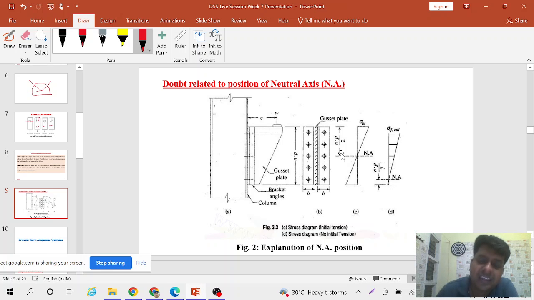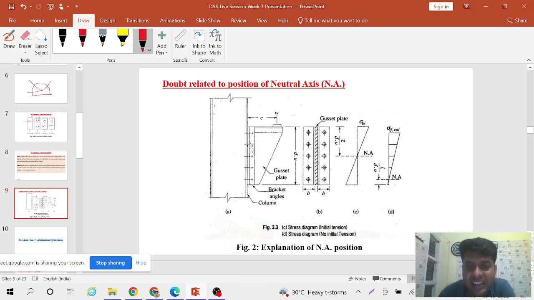In this book, Negi is saying that if you see this connection, due to the initial tension developed in this bolt because of very tight tightening, this bracket plate and this column flange will remain in contact with each other.